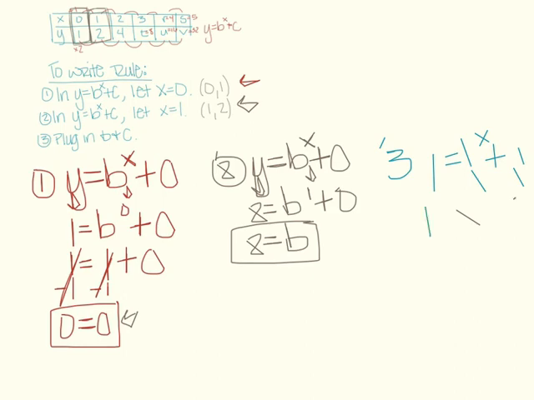Reduce that down, y equals 2 to the x. So y equals 2 to the x is the function rule that explains the table that we started with.